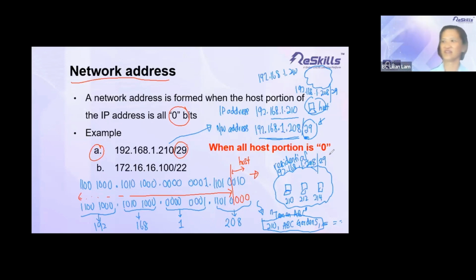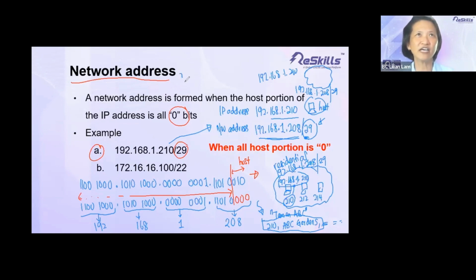Sorry. And my host IP is 192.168.1.210. So normally we don't just say we are 210, but we have to specify the full four decimals.